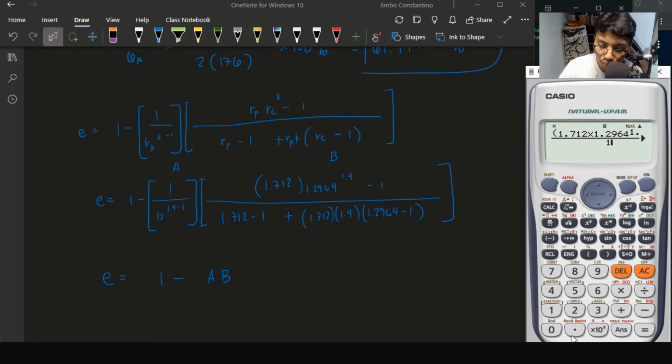So, 1.712 minus 1 plus 1.712 times 1.4 times 0.2964 na lang kasi minusan mo na ng 1.